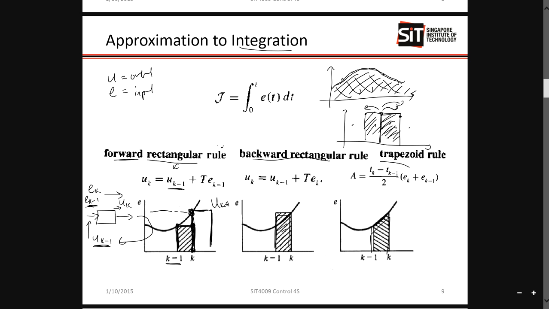Now for the backward, instead of going in this direction, I feed into this direction. In other words, I feed in my UK, I go in this direction. When I feed in my UK, I can have the information of my previous input, what input comes up to give me myself.